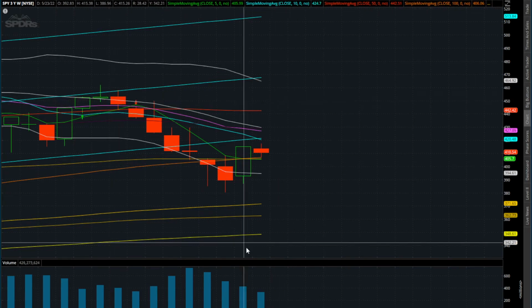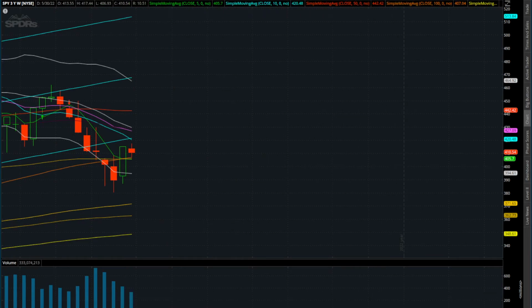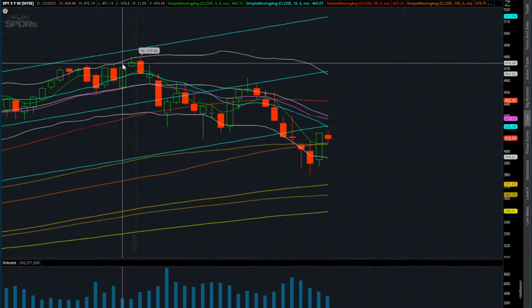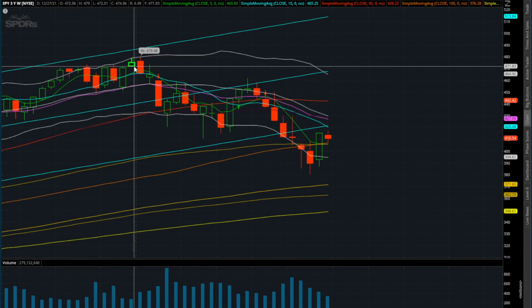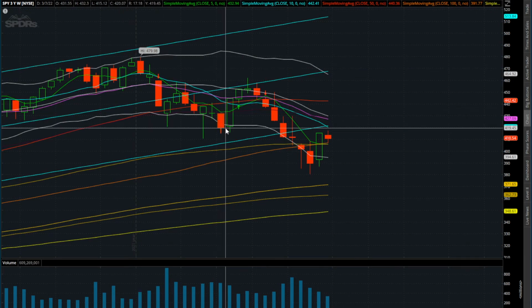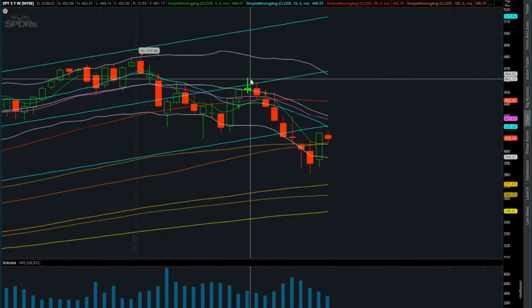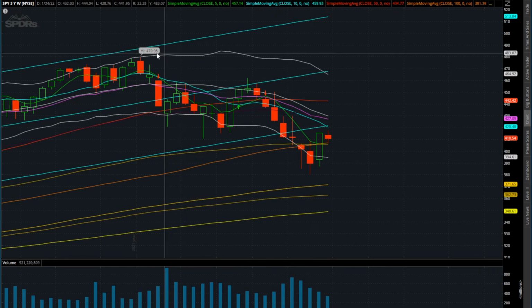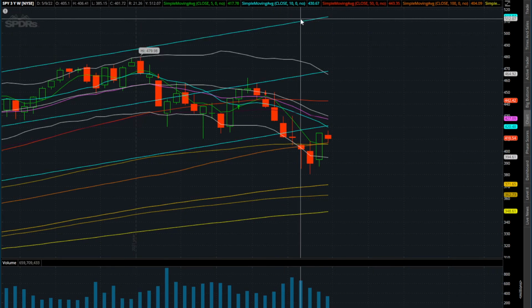So if we look at this from a broader perspective, and I zoom out a little bit, coming off of these highs of around $480, we did get our initial washout to 420. We got our initial bounce into 461, and then this is our second leg down on the weekly time frame. If you believe that corrections come in threes, which is back tested over time and time again, normally big corrections and bear markets come in waves of threes.